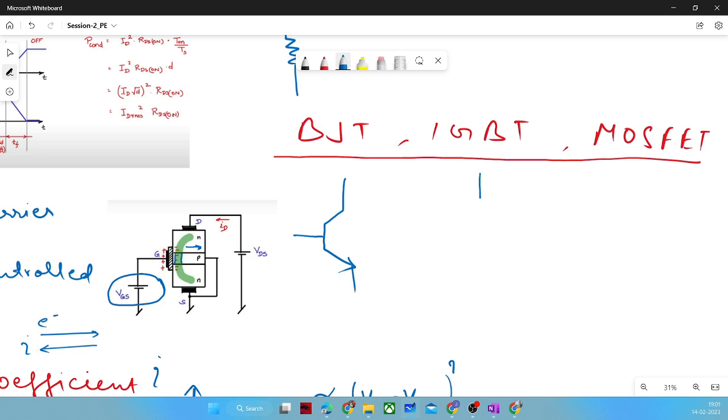But IGBT has a diode connected in series inherently. So because of this diode, let me bring back that slide so that you can visualize that better.